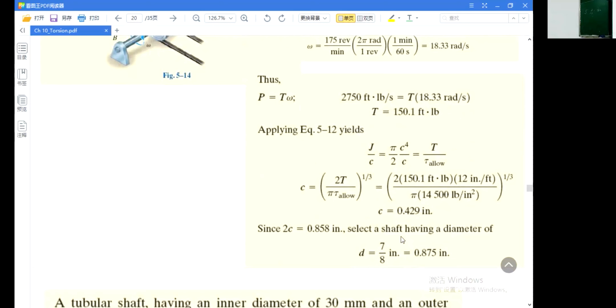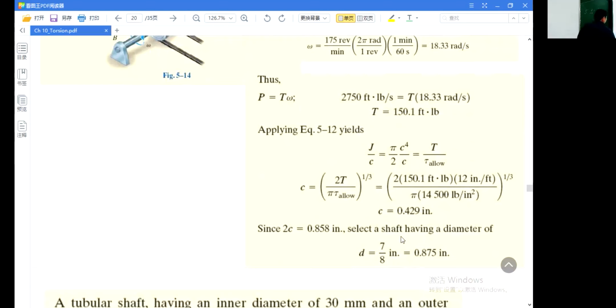Half of it is 0.437, which is more than 0.429, yes or no?